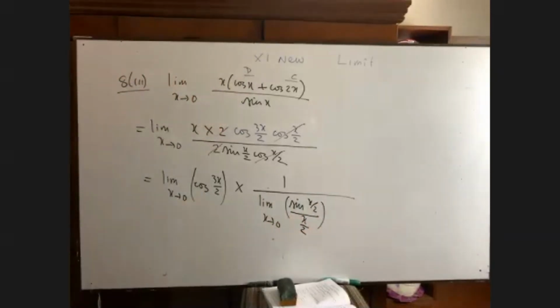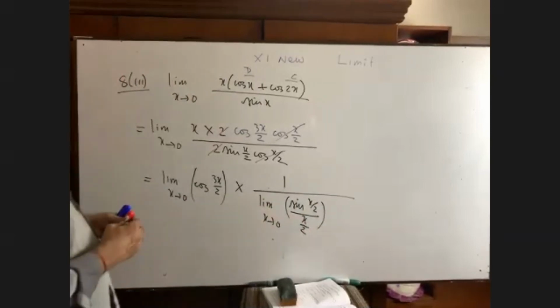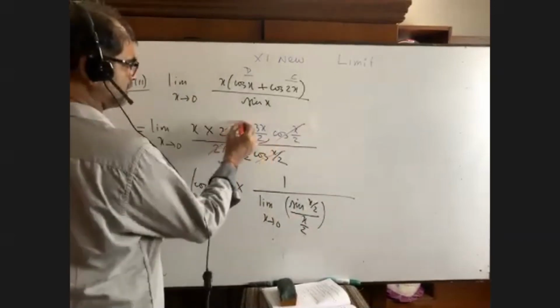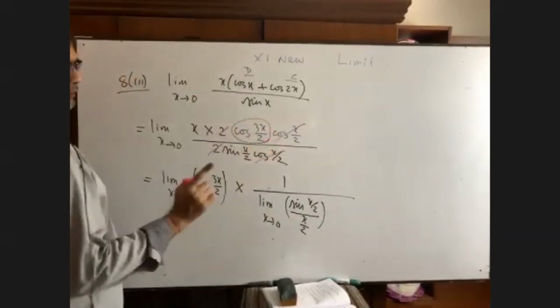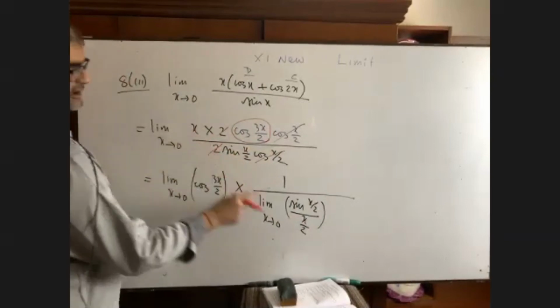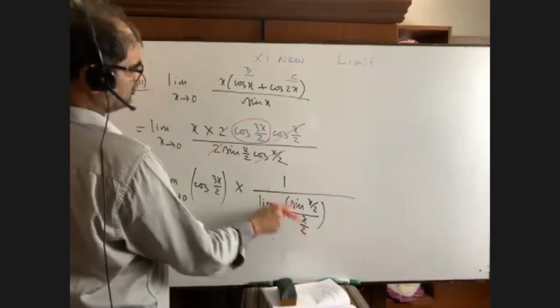Though we are not done yet. Actually we have done this part. Now we are left with x by sine x by 2. So this x has been taken here. If it is inverse, then this x will be in the numerator.